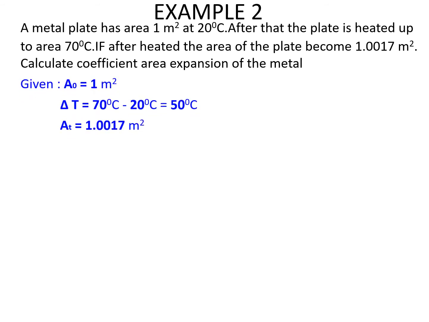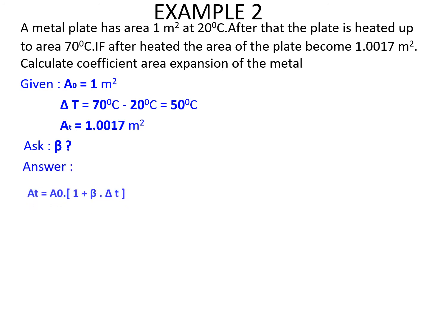From the problem, given A0 equals 1 meter square, and we can get delta T equals 70 degrees Celsius minus 20 degrees Celsius equals 50 degrees Celsius, and AT final area equals 1.0017 meters square. Ask: beta.